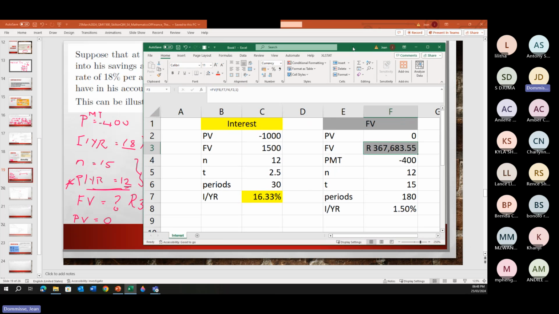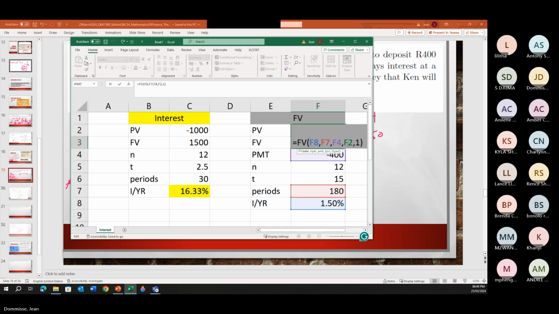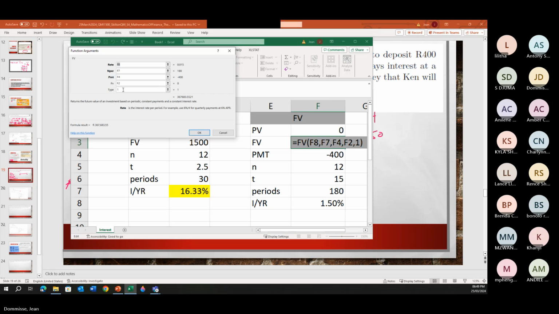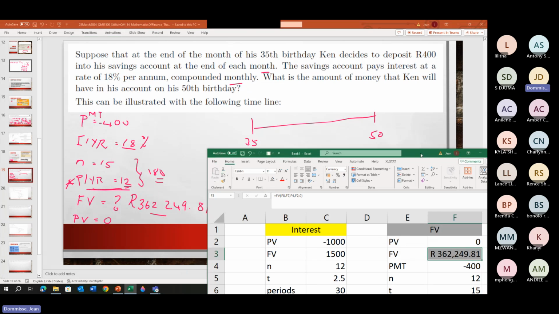And let's see why that is different. End of a period, sorry, needs to be 0. So payment at the end of the period is 0 or omitted. So I'm just putting in the 0. Okay, so there you will see the same amount.